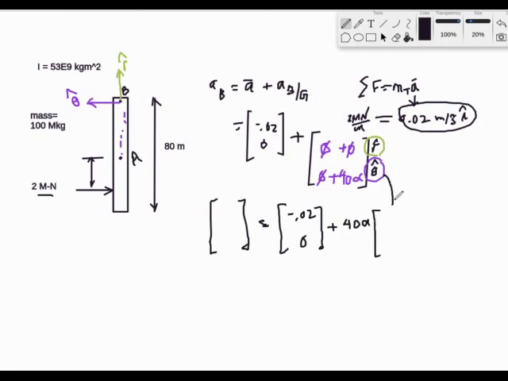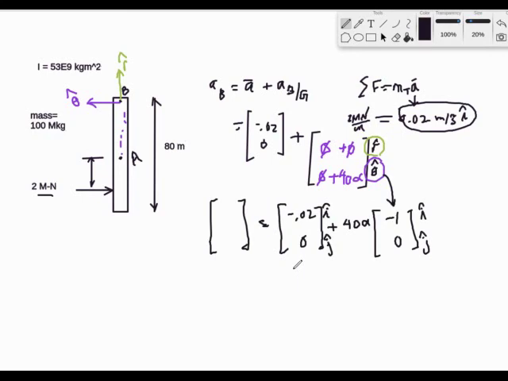Looking at the picture, the theta-hat direction is to the left, so it's negative 1 in the i-hat direction. And of course this over here is i-hat, j-hat. Again, if I don't put the subscripts on there, we're assuming it's i-hat, j-hat.